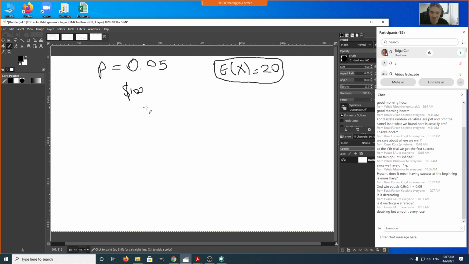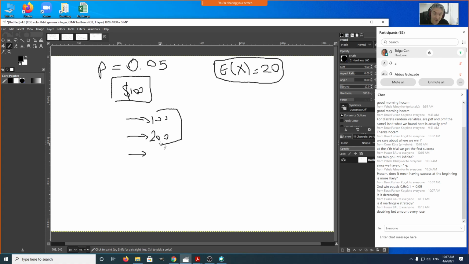So you bet $100. If your goal is to win $100 at the end, this is a guaranteed strategy to win $100. But imagine you bet $100 and you lose. The second time you try, you bet $200. You lose again. Now this time you bet $300. Actually, if you win, let's see, is it going to be 400 this time?